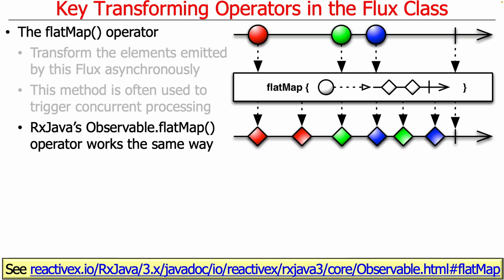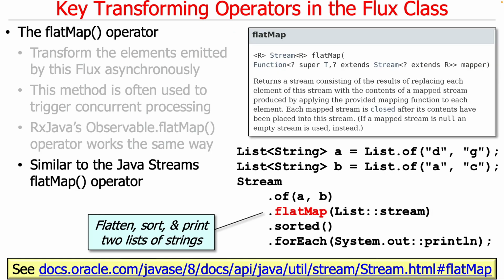RxJava has a flatMap operator that works in exactly the same way. And all these things are syntactically similar to Java Stream's flatMap operation. And you can see here where we have a list of strings, two lists of strings, and we can take both of those lists of strings and stream them, which will make a stream of lists of strings, and then we can flatMap them so that there'll be a stream of strings, not a stream of lists of strings, and then we sort and print them out.